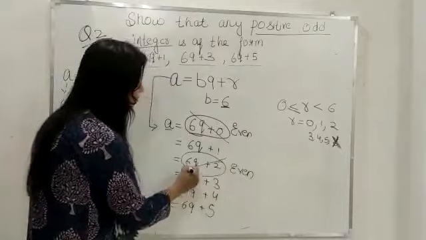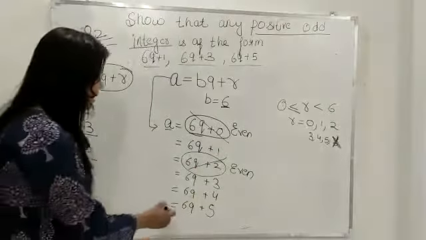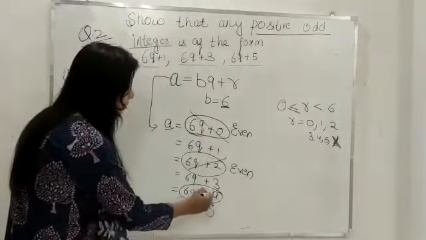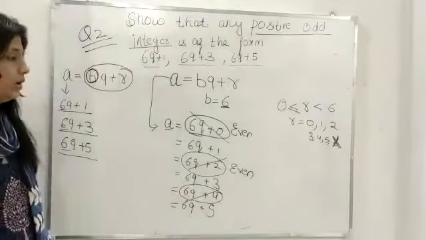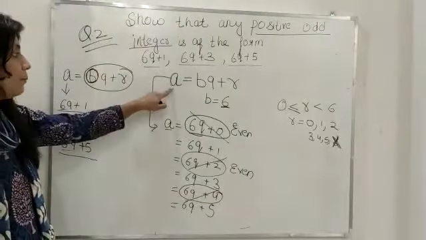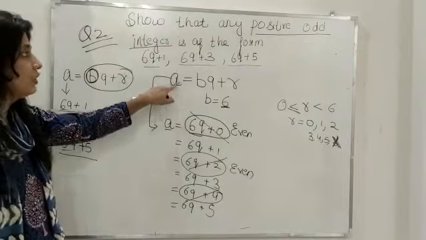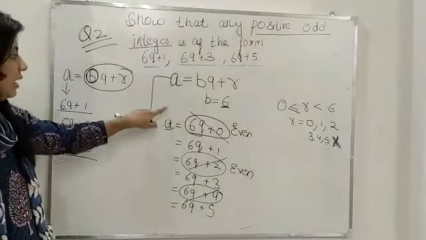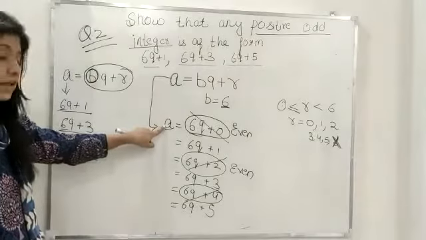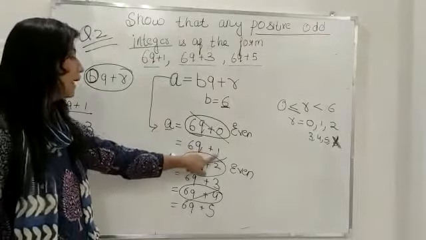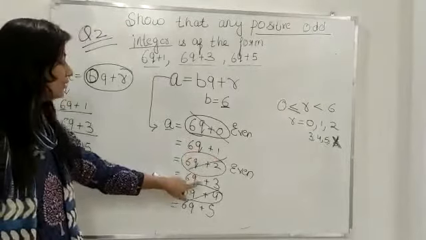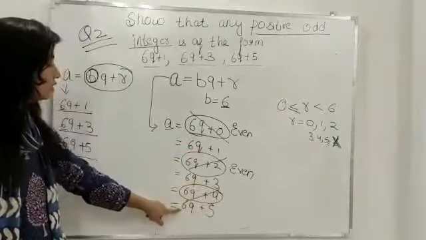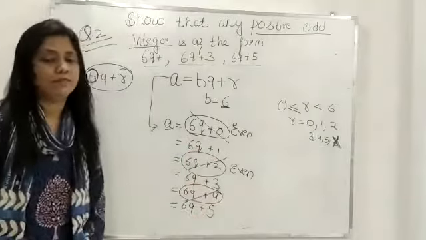So I will cut this also. Similarly, I will cut this also because this is also even. So any positive odd integer is of the form either 6q plus 1 or 6q plus 3 or 6q plus 5.